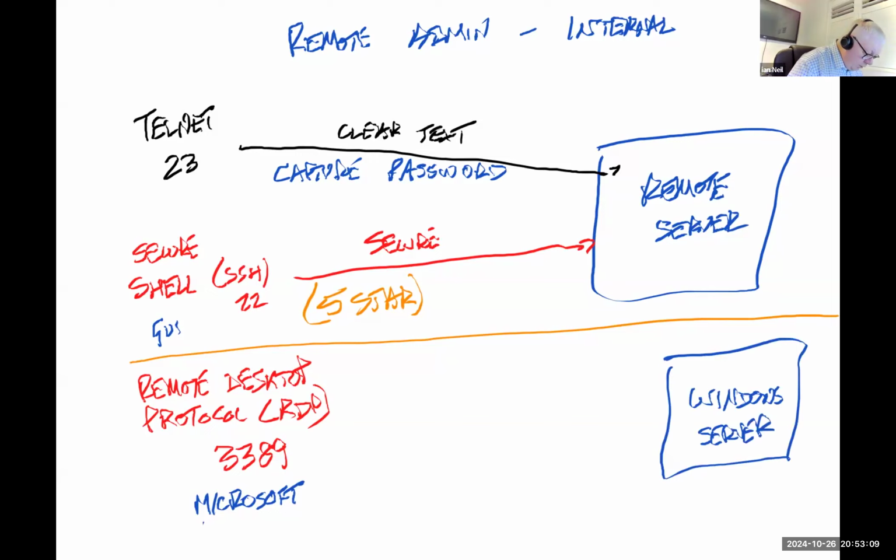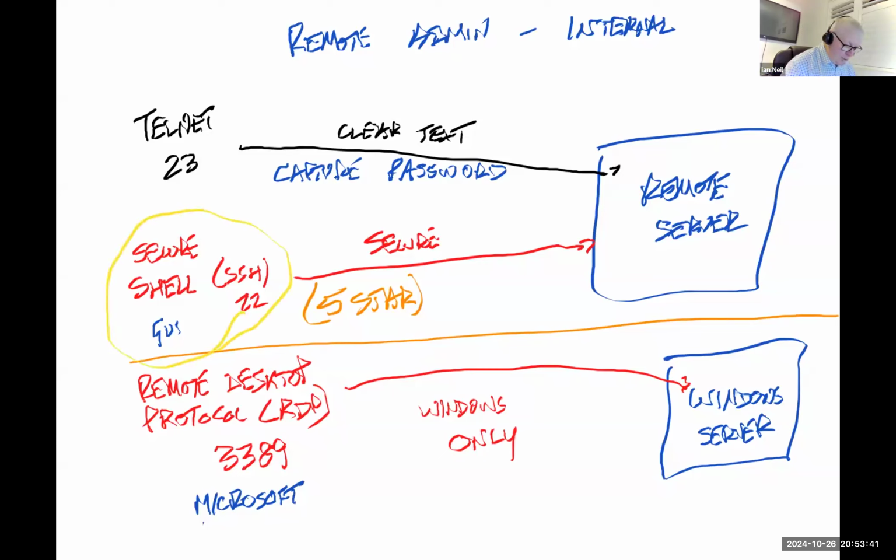Because remember, when you're in either Windows 10 or the server environment, you need to enable access for remote desktop protocol. So what he's doing is remoting into Windows only. How does that sound? So really, if you're in an exam and you need to do remote administration, the thing you need to do is use SSH, because he goes to network devices where remote desktop protocol doesn't actually physically do that.